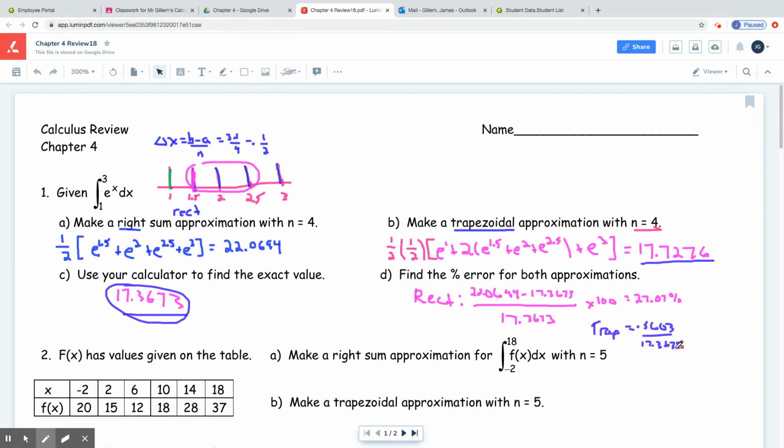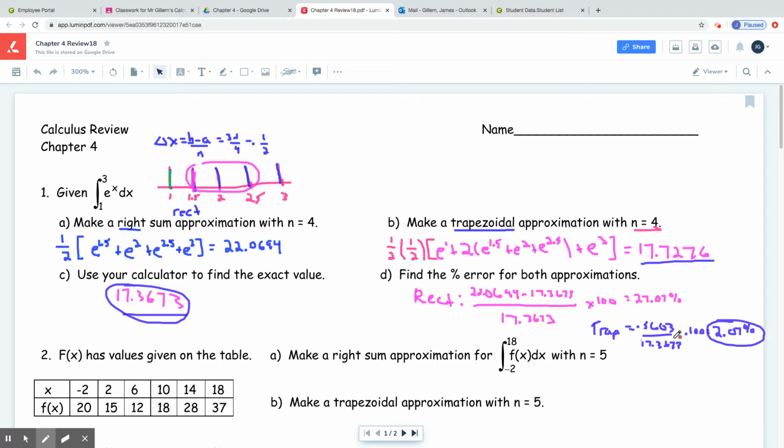And then once I do that, I'm going to multiply it by 100. And that gives me an answer of 2.07%.